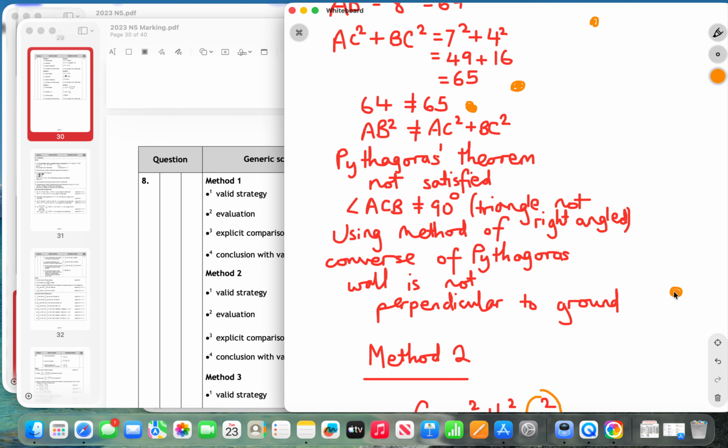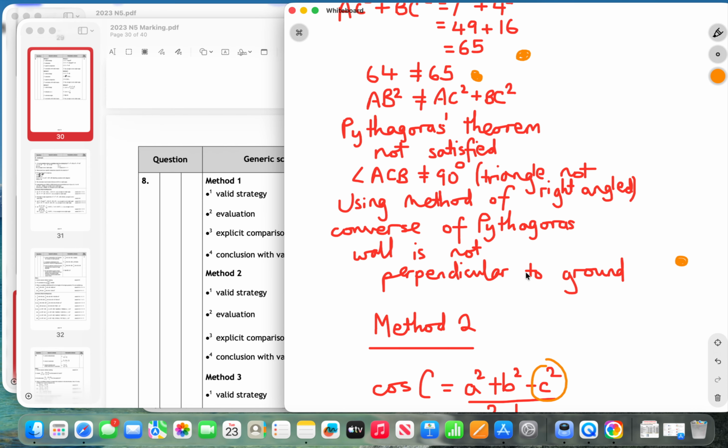National 5 is quite generous with the time in the exam, so you would be fine writing this amount. Higher maths is a different kettle of fish. Same with advanced higher. Once you go past higher, the time is tight. So that would be that.